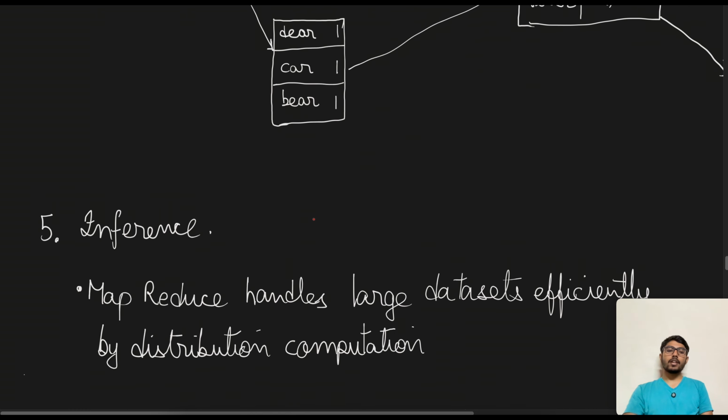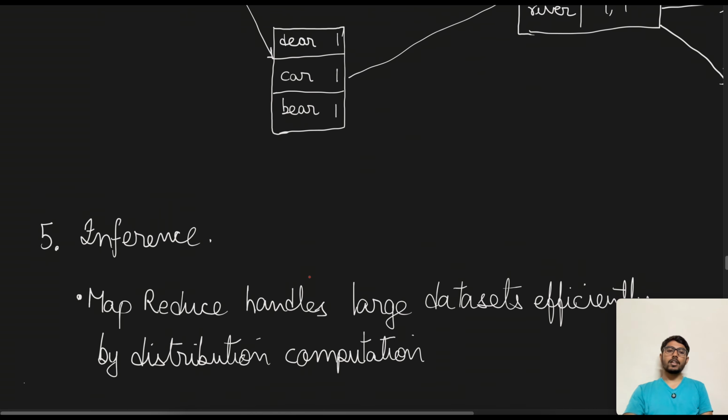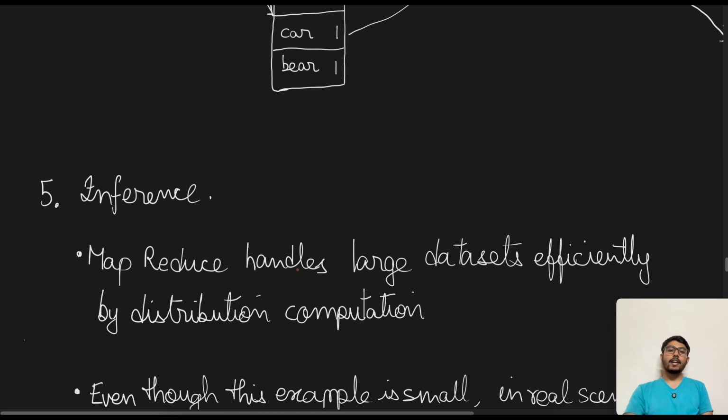So the inference that we can draw from this one is MapReduce handles large datasets efficiently by distributing the computation, right. When it gets distributed, obviously the total load gets split and thereby parallel processing is encouraged.